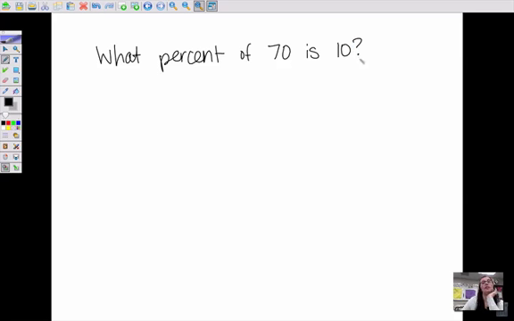So what they're asking you is, what percentage are you going to take of the number 70 to get 10? So to set that up, I would have my percentage that I don't know multiplied by 70 that equals 10. So in other words, I have this equation, 70x equals 10. 70 times some number that we don't know equals 10.